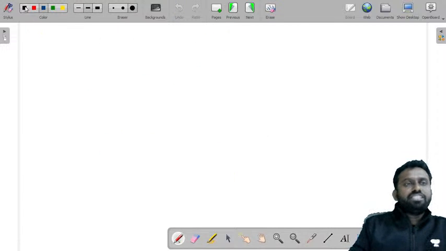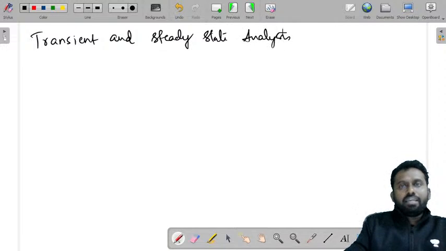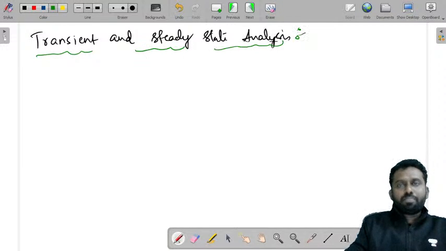Now let's try to see transient and steady state analysis. I'll just give you an introduction and we'll revise the same in the next session.